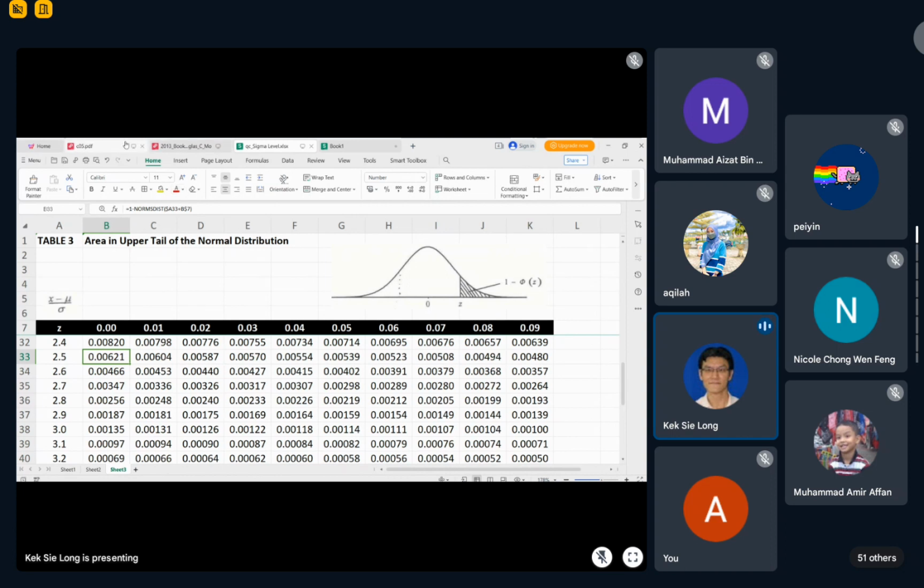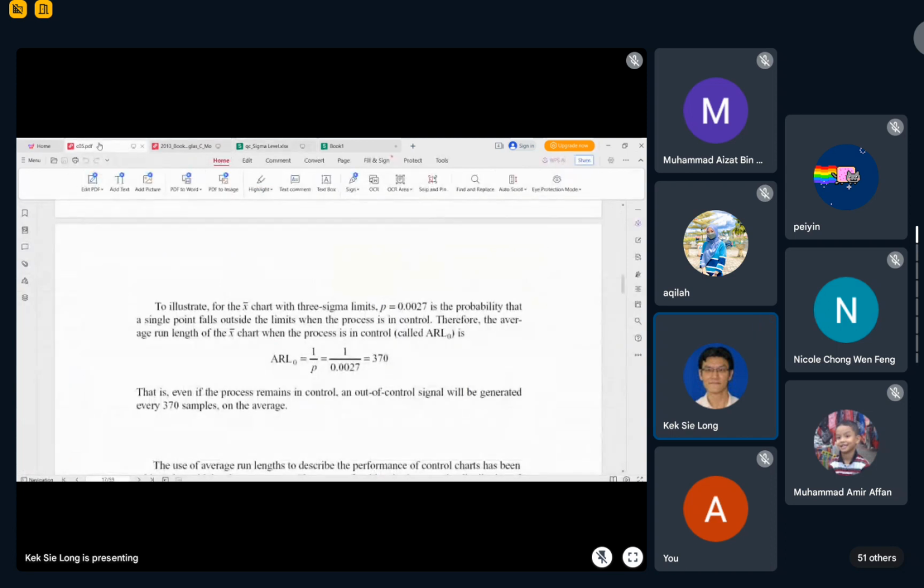You can see the P value is important in determining the ARL. Now come back to the 3 sigma level, or 3 sigma limit: P equals 0.0027. Remember the meaning of this P value, the probability a point falls outside the limit.